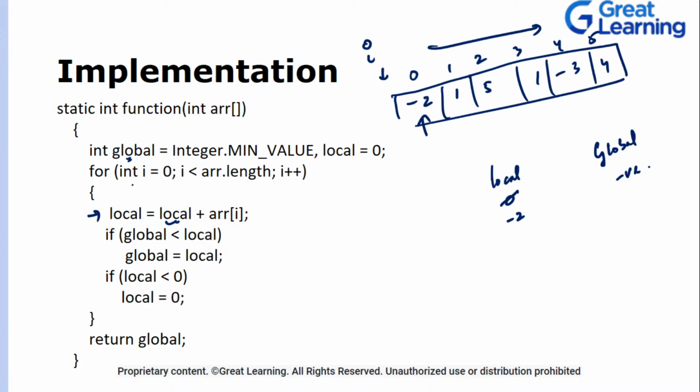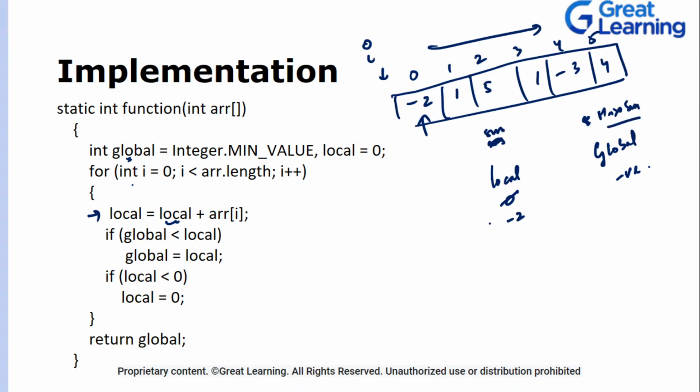Now we are checking if global is less than local. Yes, global is some negative value. I told you what global is: this is max sum, and the sum is what we saw in the earlier case.